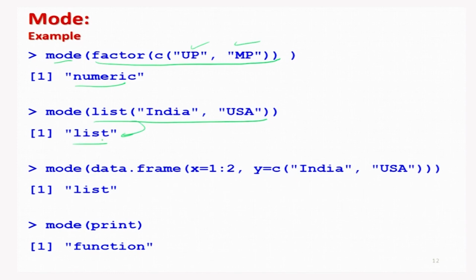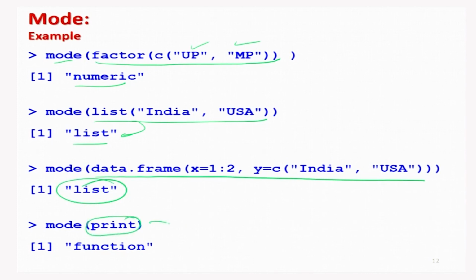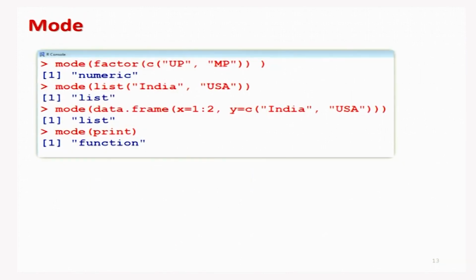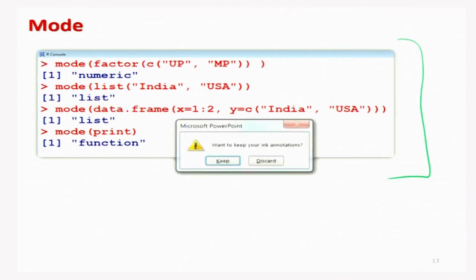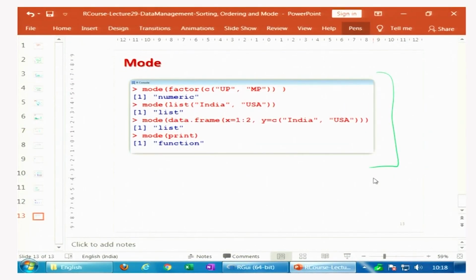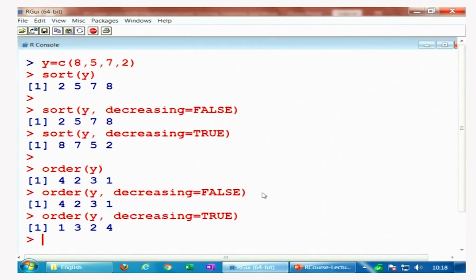And if you try to consider the mode of a data frame, which I will show you shortly, then this will also come out to be list. And if you try to find the mode of a function like print for example, it will come out to be function, right. So, this is the screenshot of the same operation, and now I try to show you these operations on the R console, so that you can understand them very easily, right.